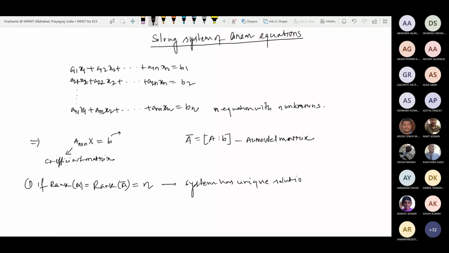You have studied it. Then if rank of A equals rank of A bar, that is less than n, then the system has infinitely many solutions.